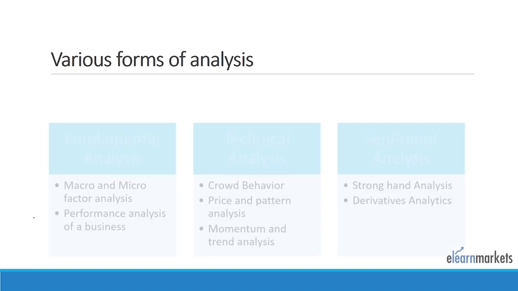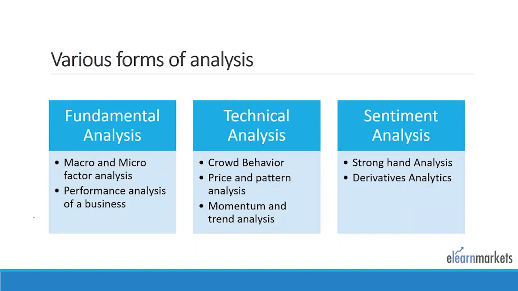All right. Now, what are the various forms of analysis we all know? The classic forms of analysis we have studied in various books are fundamental analysis and technical analysis. Fundamental analysis in the crude form is where you try to find out various factors that influence the price of an asset.